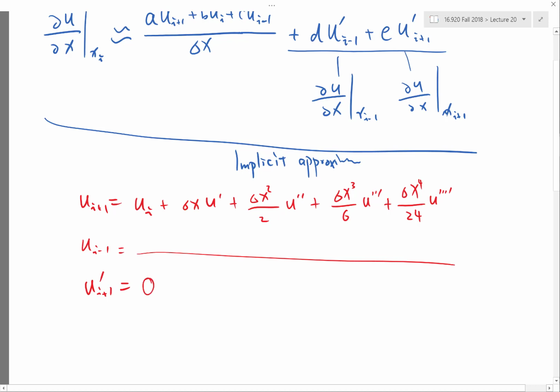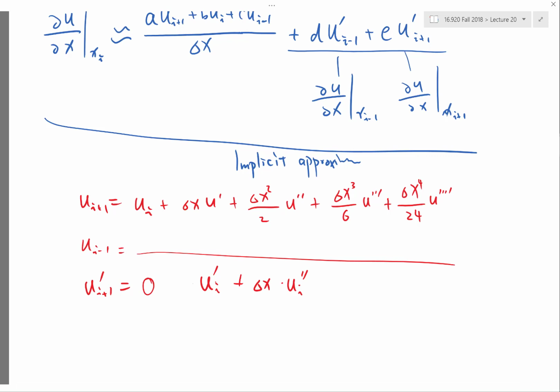This term is 0, all right? And this term is just ui prime. I'm expanding the first order derivative. Now this term corresponds to delta x times ui double prime. So basically, I'm just taking the Taylor series expansion and taking the derivative of every term.